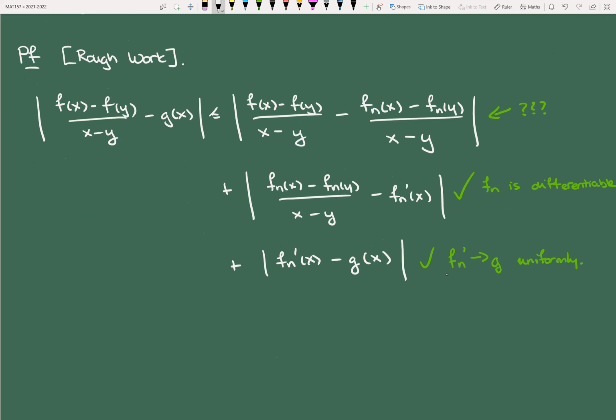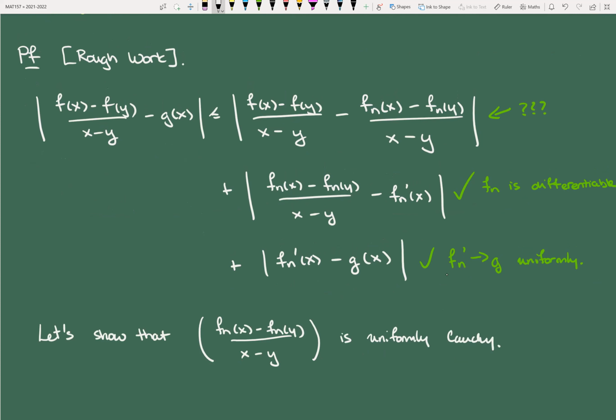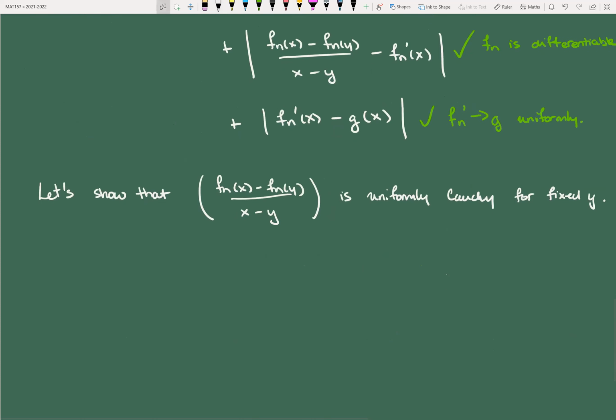So we want to show that (f_n(x) minus f_n(y)) divided by (x minus y) is uniformly Cauchy. Okay, y here is fixed, for any fixed y.